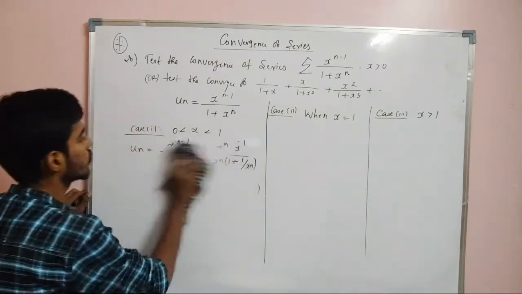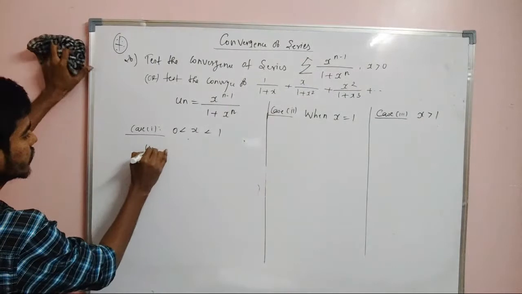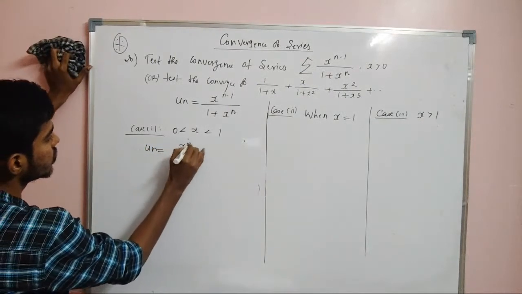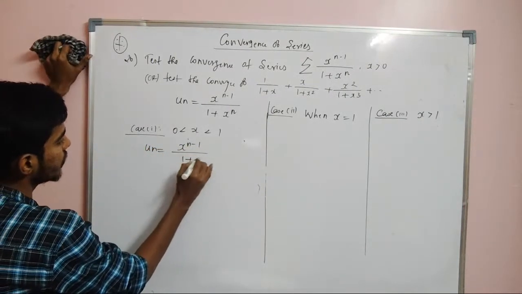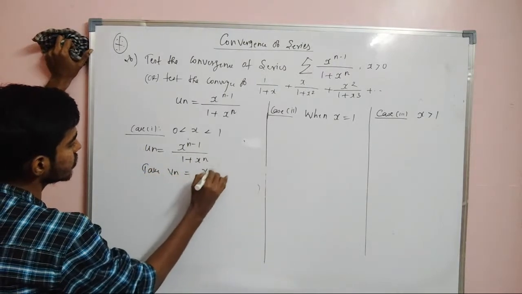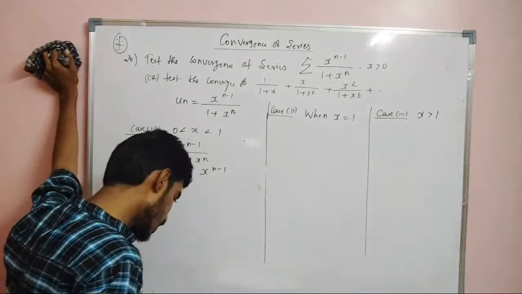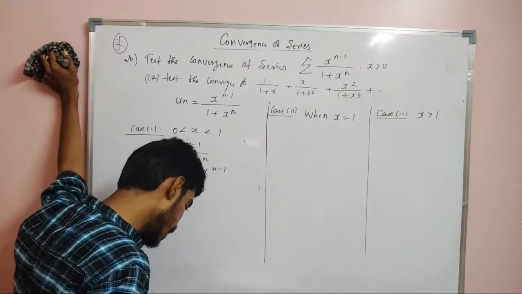Okay, no problem. What we will do is, so we have Un is equal to x power n minus 1 by 1 plus x power n. Now you just take Vn to be equal to x power n minus 1, right?